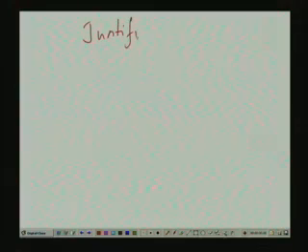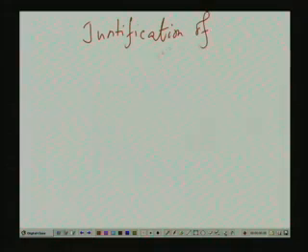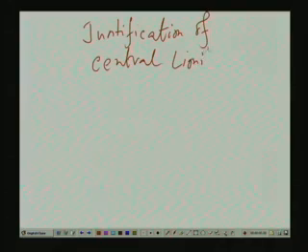Now, before that, I just modify the things a bit.